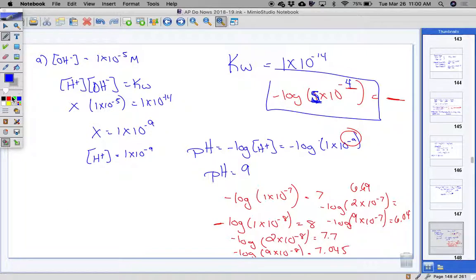It's the negative log of 10. But you do have to find the OH. It was going to be less than C when it was 1 times 10 to the negative 15.